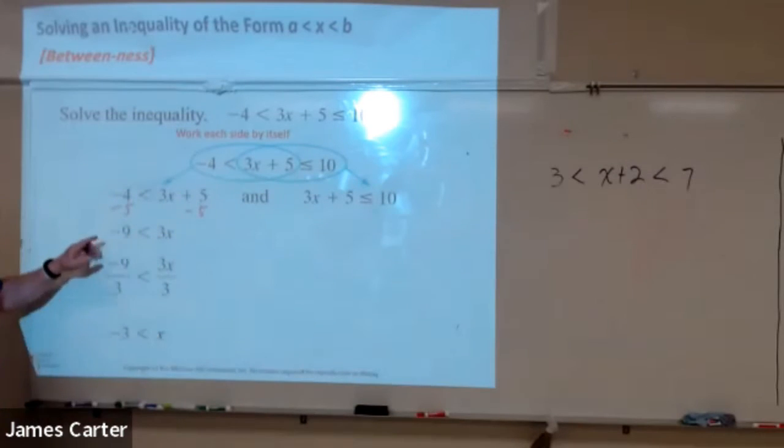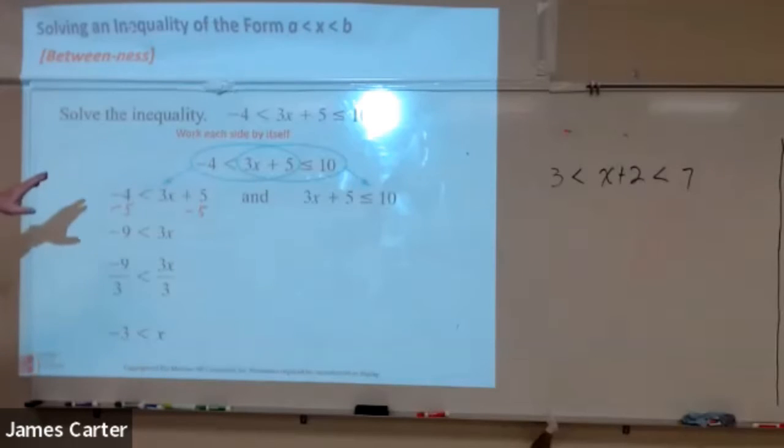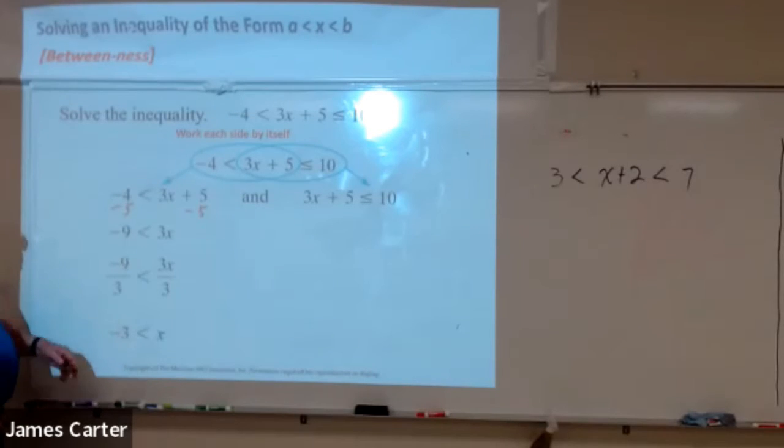Now, what we're trying to do is isolate x for the left half of this, for the right half of this, and then we're going to look at where they overlap. Just like we've been doing. So anyway, you can see all of the steps here already.